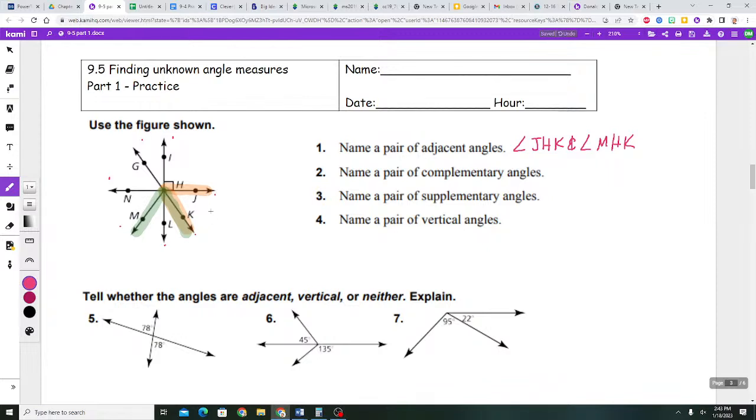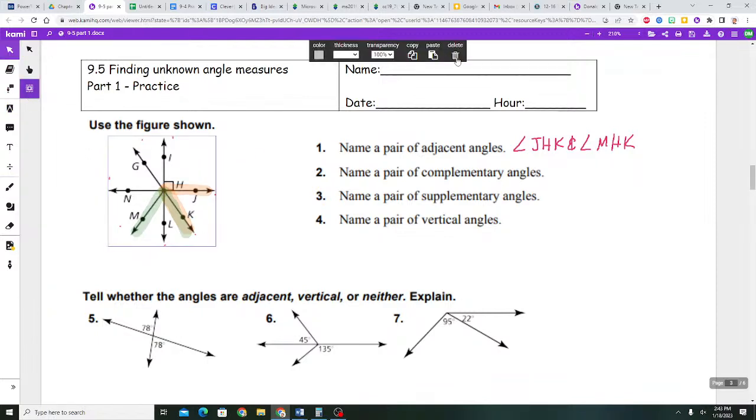That's just if I chose one thing, and we could do a whole lot more. So long story short, your adjacent angles have to share the same ray, so you have to choose a ray for them to share. I'm going to delete these annotations.